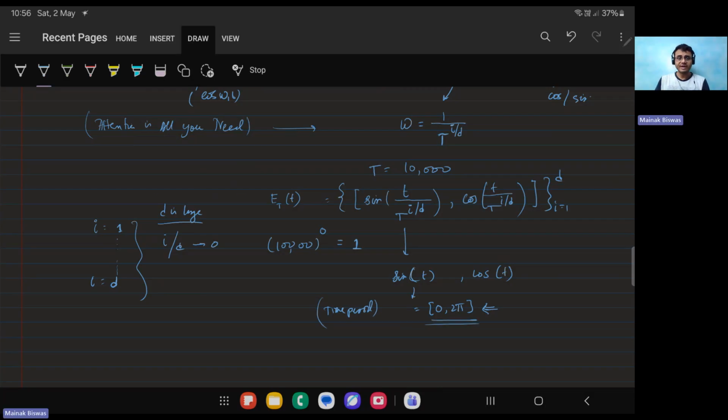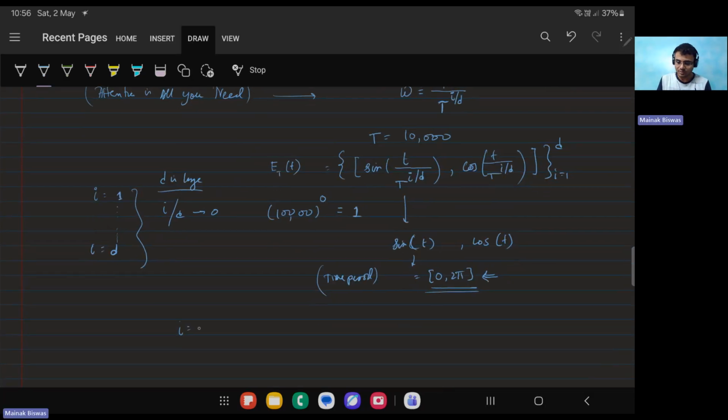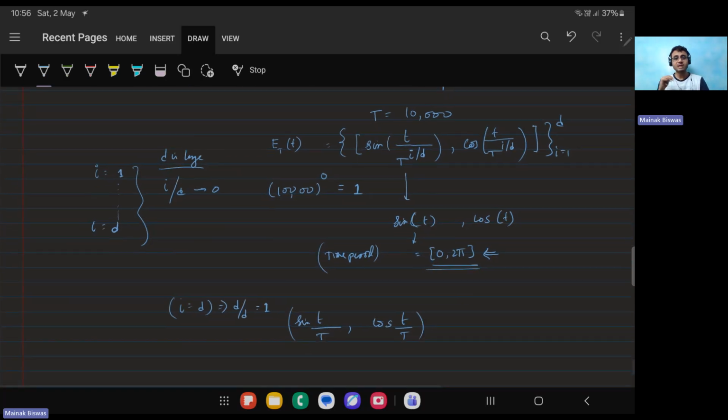Similarly, if I take I equal to 1000 or d, what would I end up having? I would end up having sine of t by capital T, because d by d is equal to 1, and cos of t by capital T. Now capital T is as large as 10,000. What would it mean?